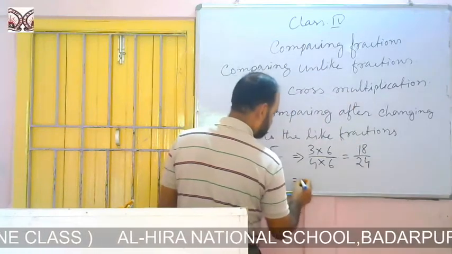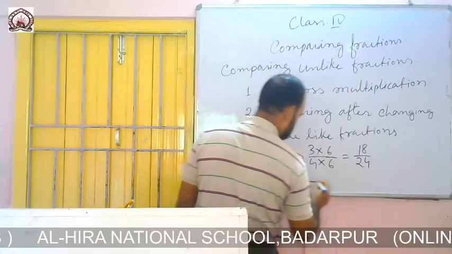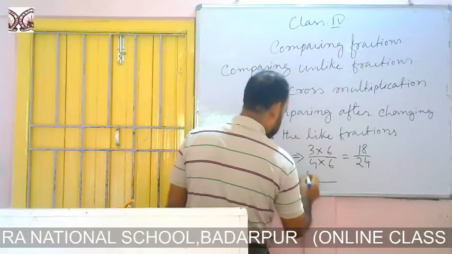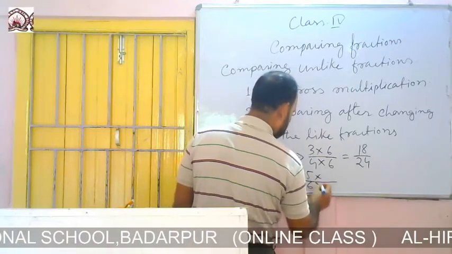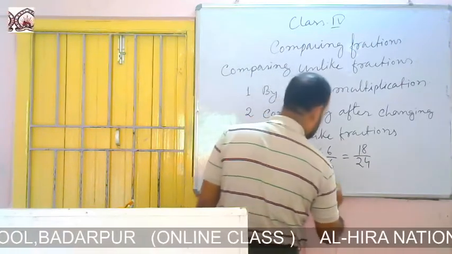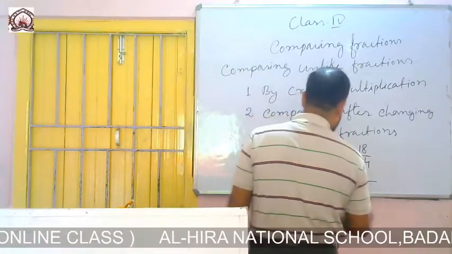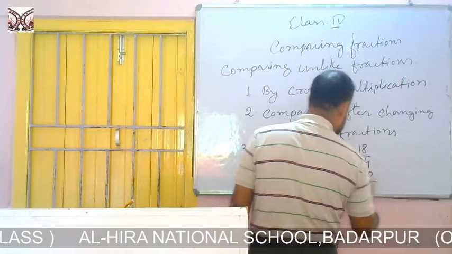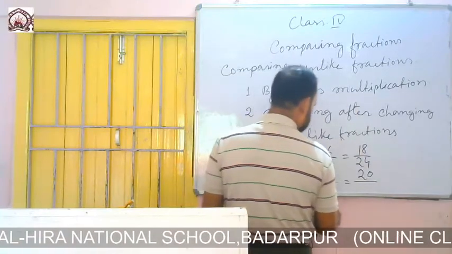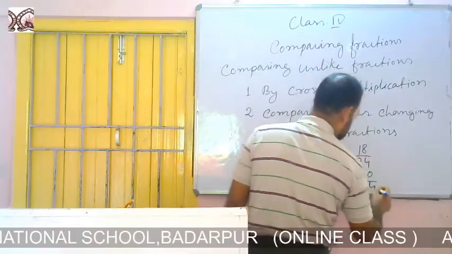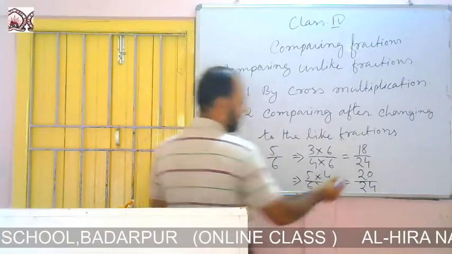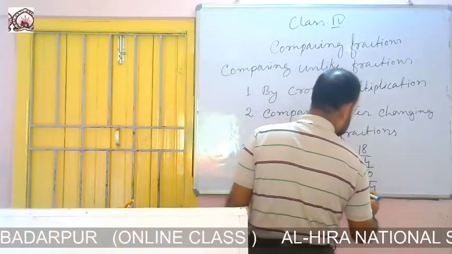Next, 5 by 6 into the first fraction's denominator 4. Now here 4 5s are 20 and 4 6s are 24. So here the denominator is 24, here also 24.